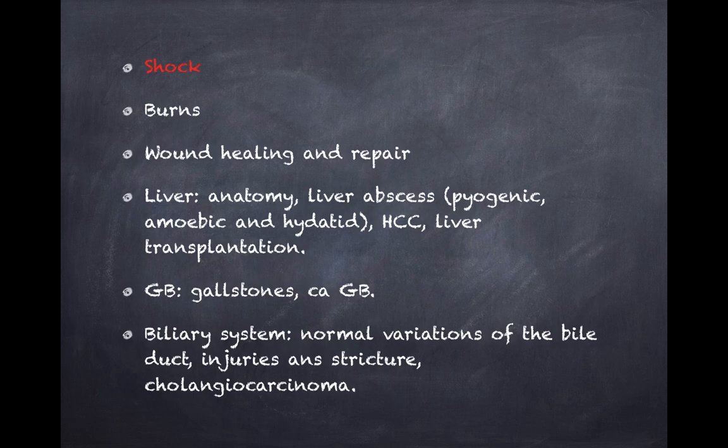Next, coming on to the gallbladder. Here, the most important thing to know is about gallstones: how exactly they are formed, the different types of gallstones, the symptomatology, how they present to you, the investigations you order for them, and what happens if untreated. Patients can be asymptomatic, or symptomatic, or they can come with complications as well, like gallstone ileus, or perforation leading to pneumobilia and things like that.